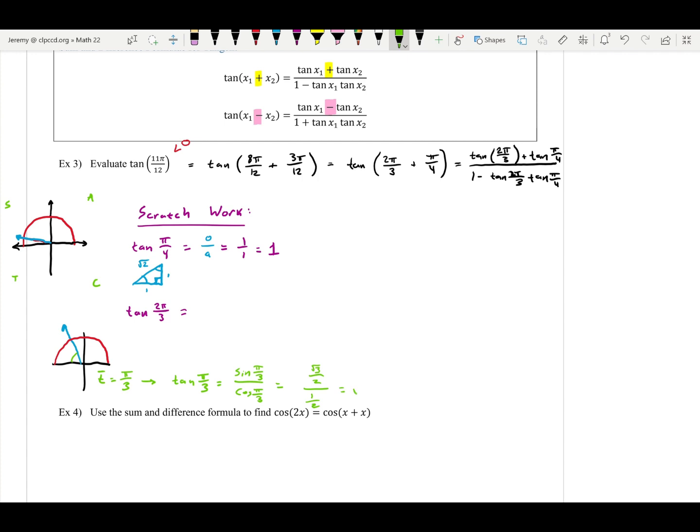This simplifies to root 3. But since this is in the second quadrant, really it's going to be the negative of this value. So tangent of 2 pi over 3 will be negative root 3.